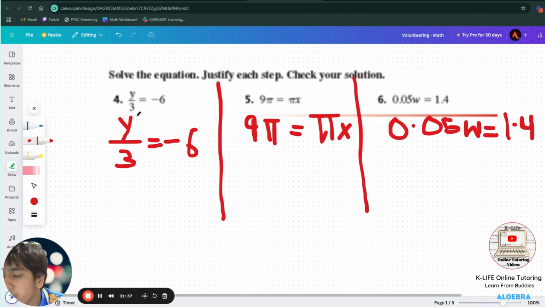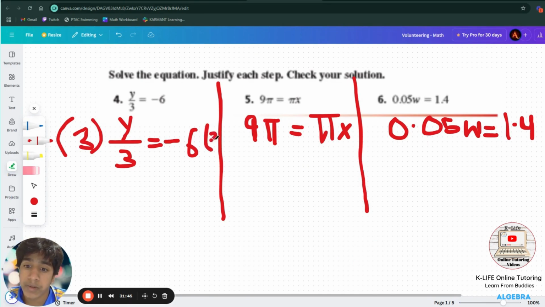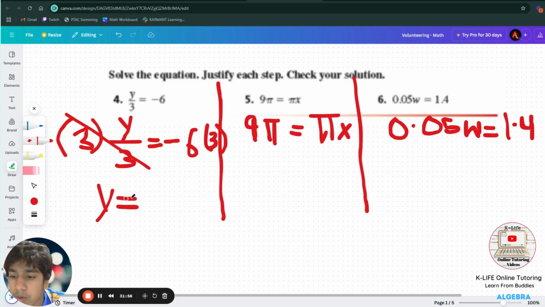What we did before, we're going to do the same thing: multiply 3 on this side, and multiply 3 on the other side. So that cancels out the 3, and y is left alone, isolated like we always wanted, because we want a value.